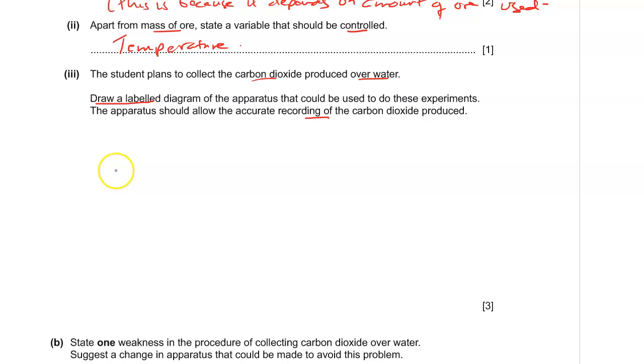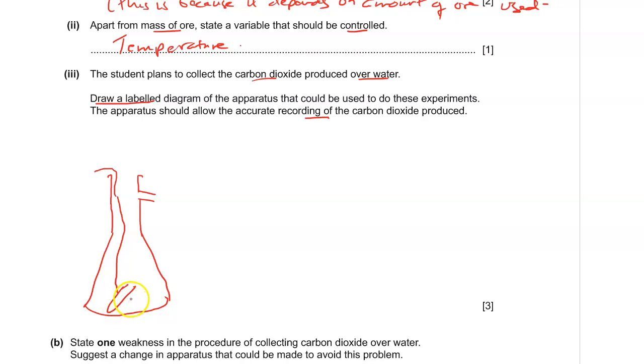Of course, you need a conical flask with a spout. So let me draw this. You need to have the acid in a small test tube, right there.